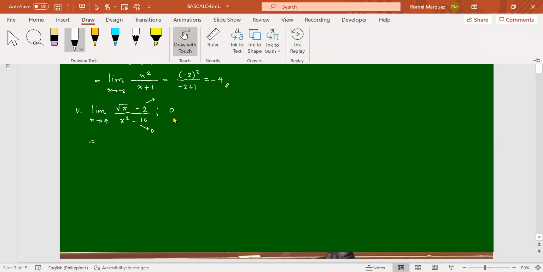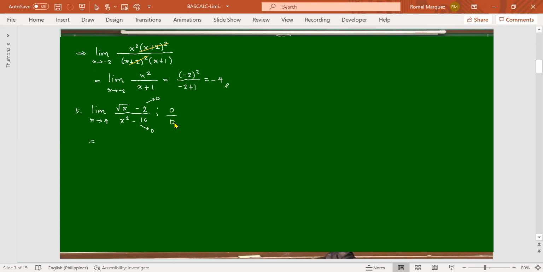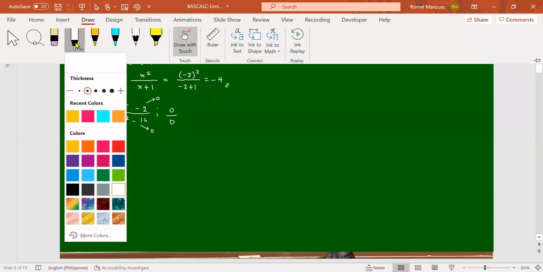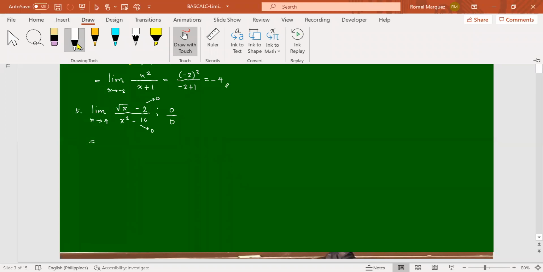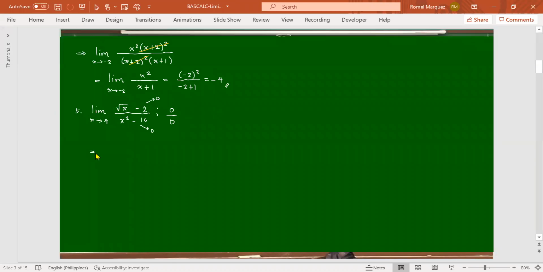So this is 0 over 0. That is indeterminate. Okay? Let's now try, anong technique, Sophia, to get rid of the factor na nagsi-0, o kaya to find a new function na matatanggal natin ang nagsi-0? Factor po. Anong gagawin natin?